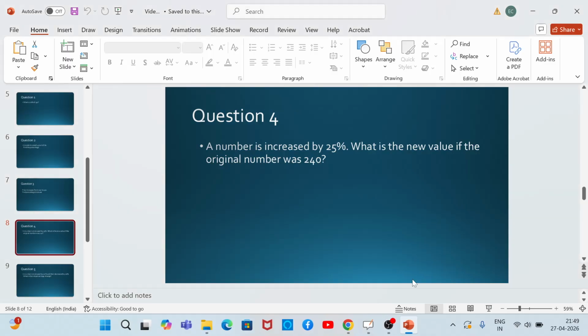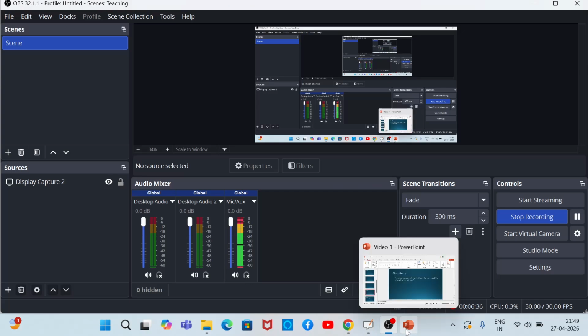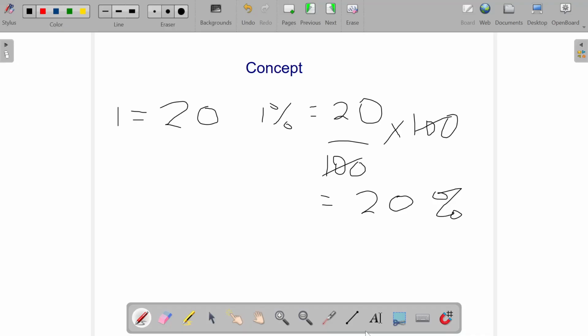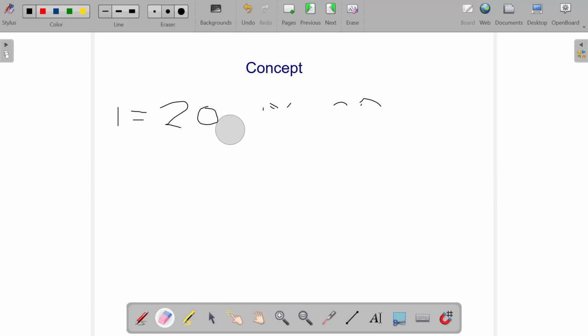Okay, so original number is how much? 240. It is increased by 25%. So what is the new value? Okay, so we'll do this. What is our original number? Original number is, let's say, O. This is nothing but 240.